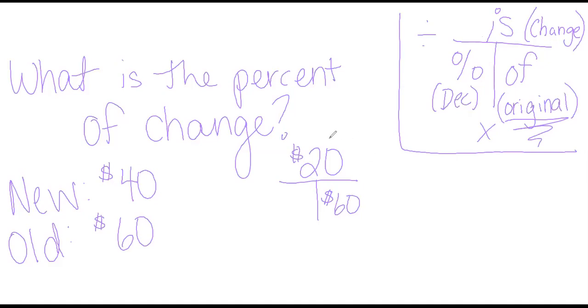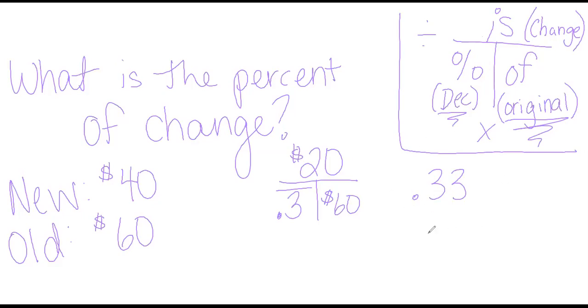So we're going to divide. 20 divided by 60 ends up being 0.3 repeating. Now, this is the decimal form of the percentage. So I'm going to come over here and put 3, 3, and I'm just going to round it to the nearest percent. So I'll stop there, even though 3 is the next number.